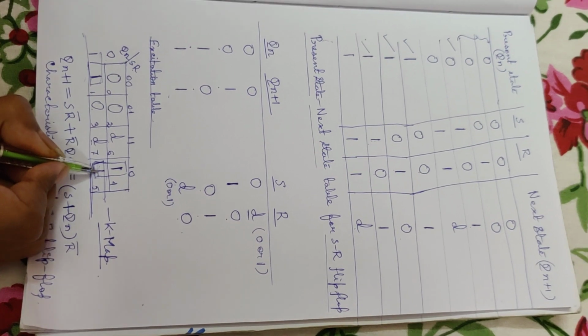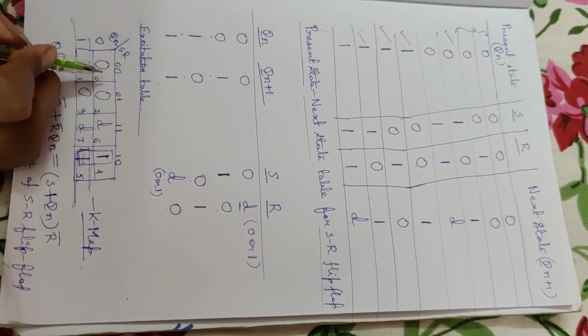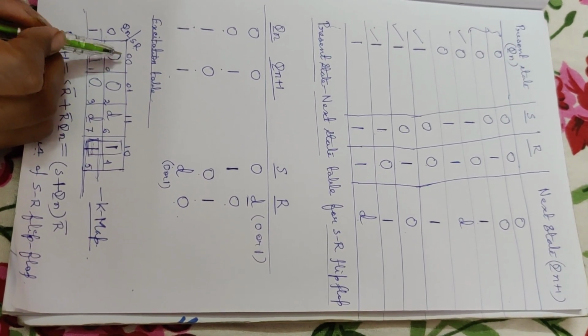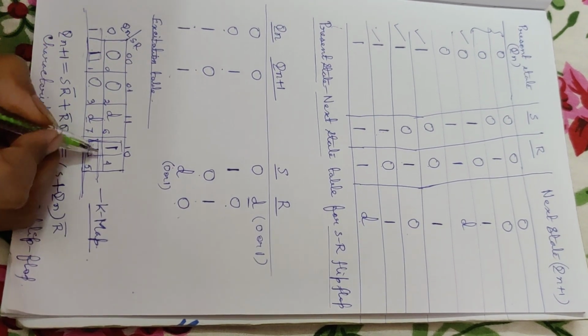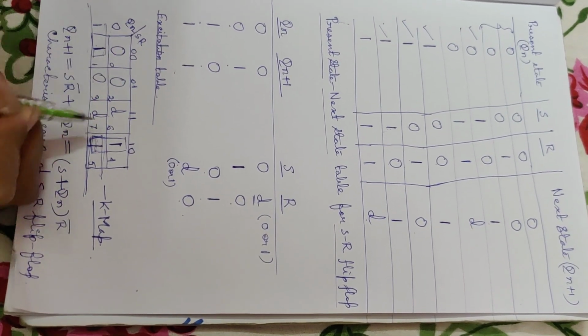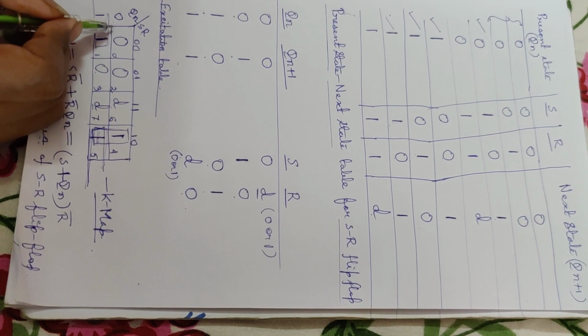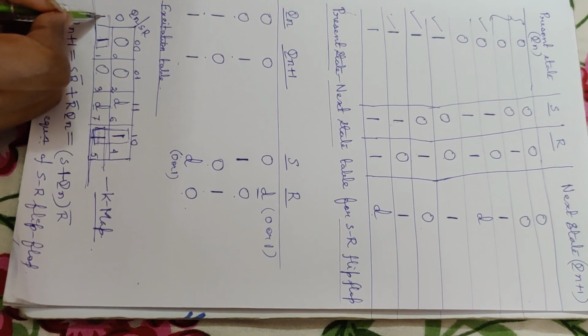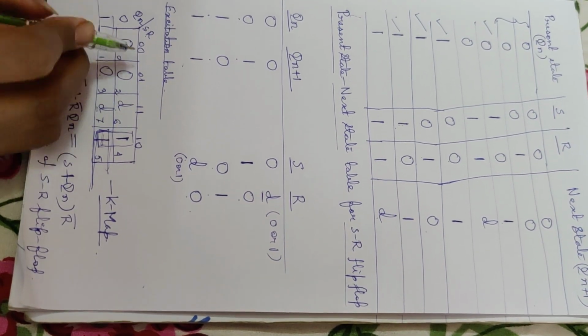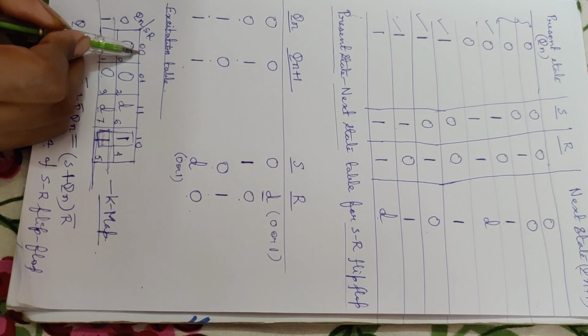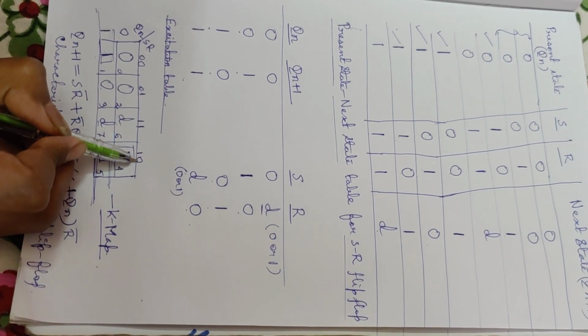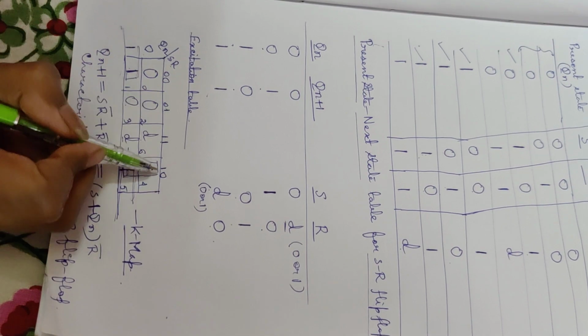Now for the second group, that is this one and this one, the value of Qn is 1 and the value of R is 0, that is fixed, and value of S is changing.